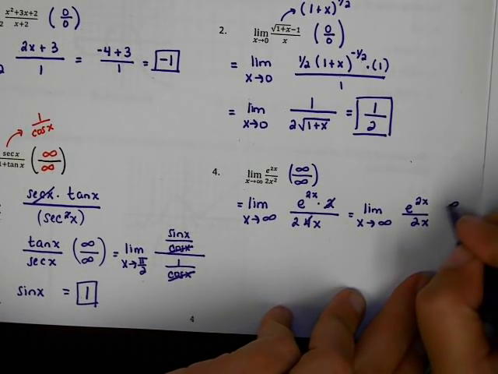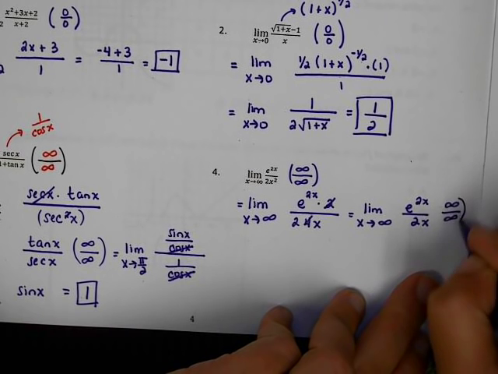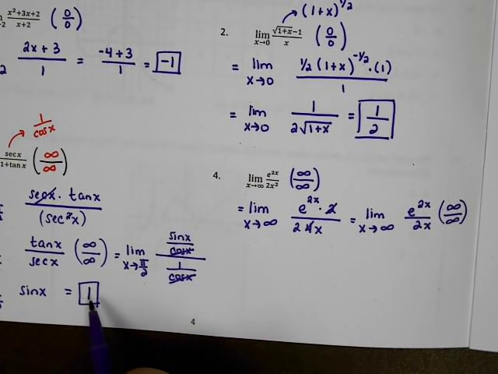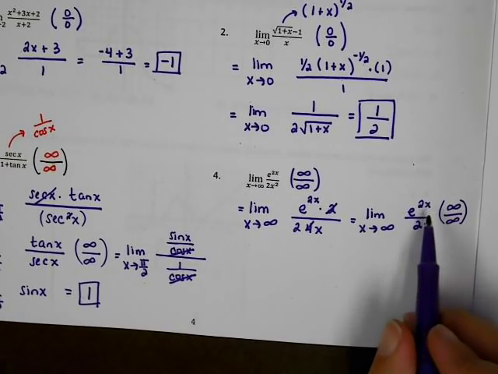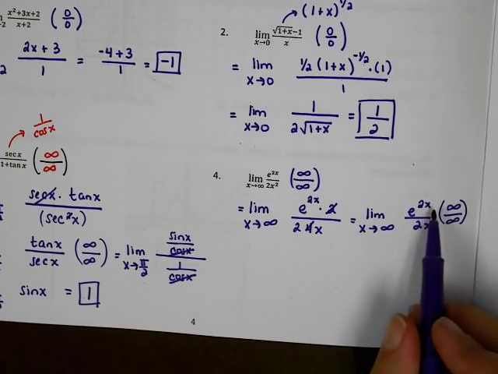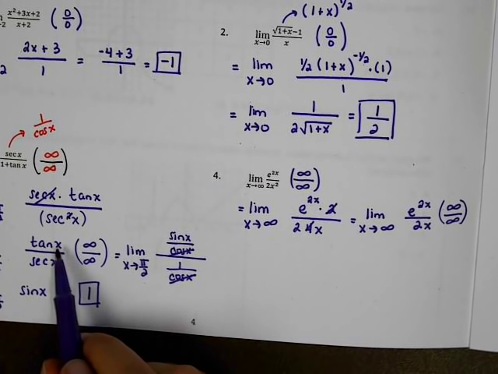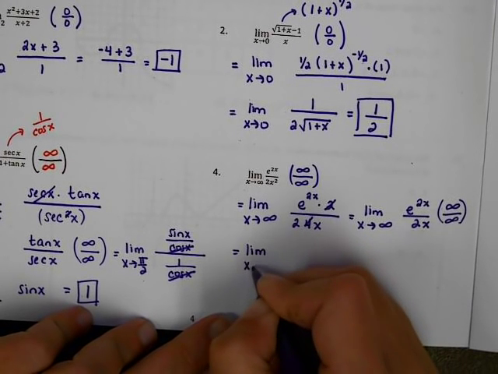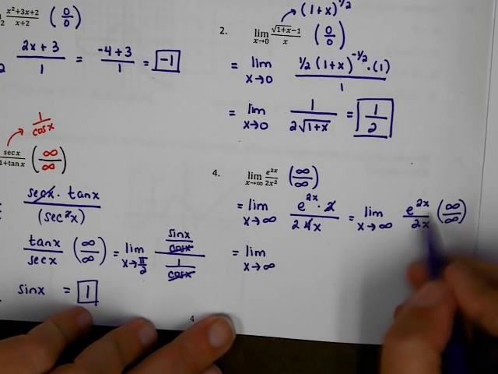Once again, if I try plugging in infinity, I get infinity over infinity again. And unlike this problem, where doing a little bit of algebra fixed this for me, there's nothing to really algebra here. I can't say e to the 2x is really equal to something else like I could with tangent. So instead, I'm just going to apply L'Hopital's rule again, which means I'm going to take the derivative here again.